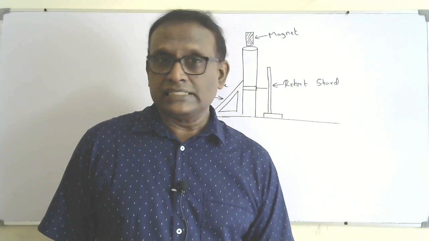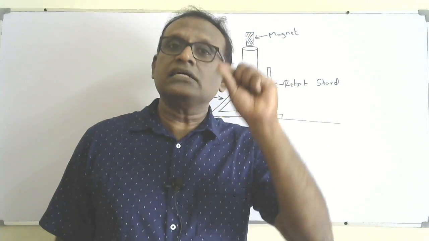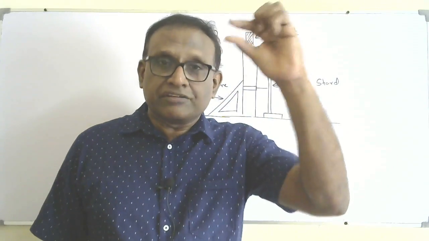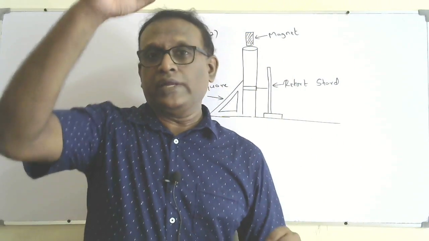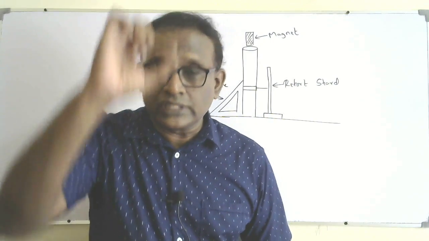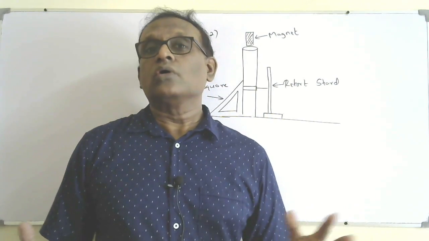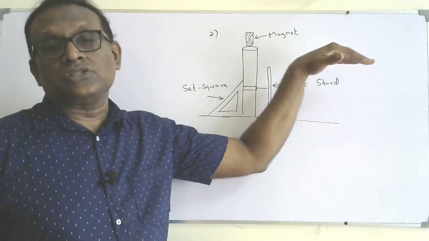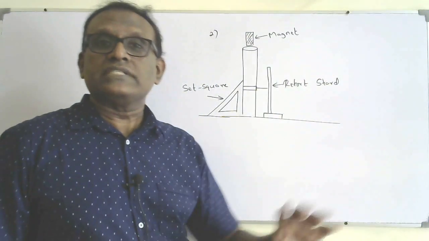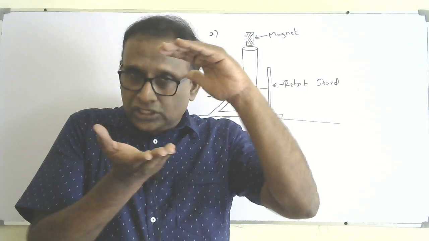But we can't measure the acceleration inside the copper tube at different positions. We can't see the magnet. We can't detect the magnet when it is falling or moving through the copper tube. So what are we going to do? Rather than using a much taller copper tube, we are using different lengths of copper tubes.